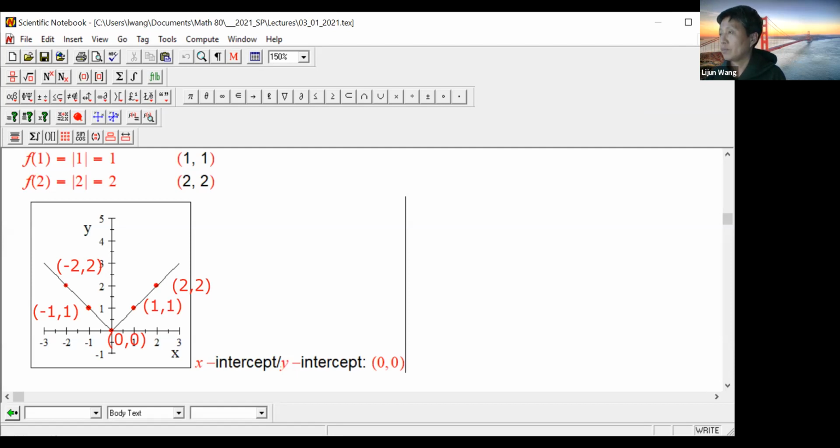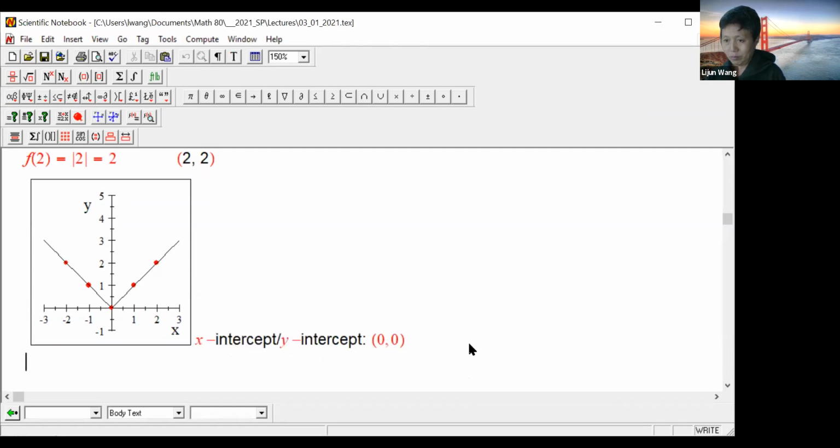Now, one-to-one function. What is a one-to-one function? We have a definition here. Okay, and here is how the definition states. I'm going to copy and paste the definition here.